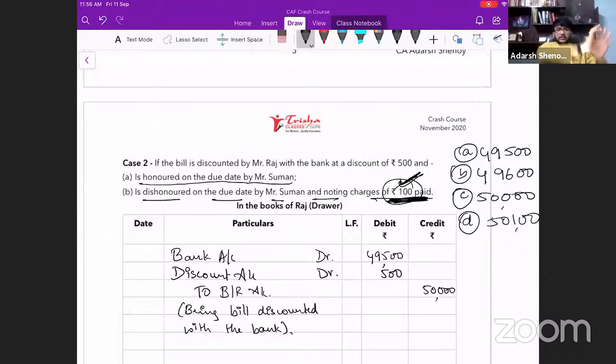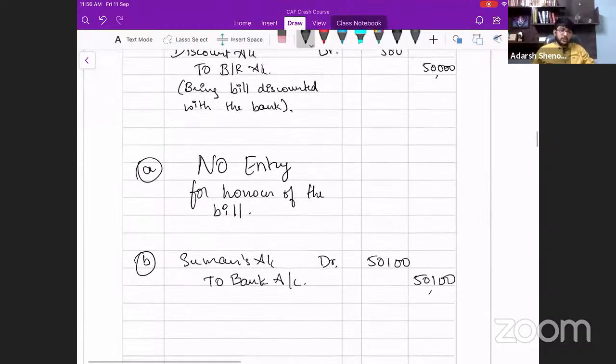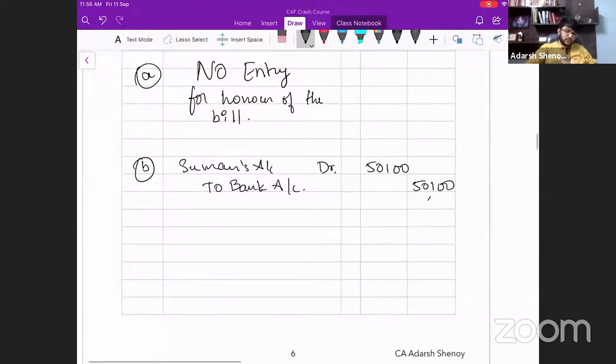So the person who has the physical possession of that bill of exchange goes to the notary public. Here the bank has the physical possession of the bill, so the banker will go and get it protested.